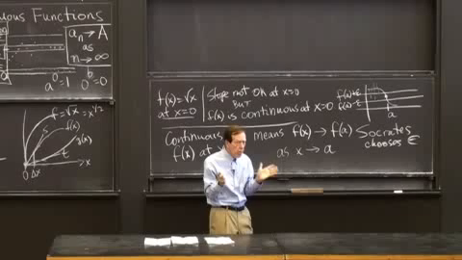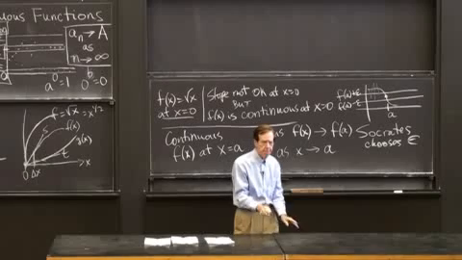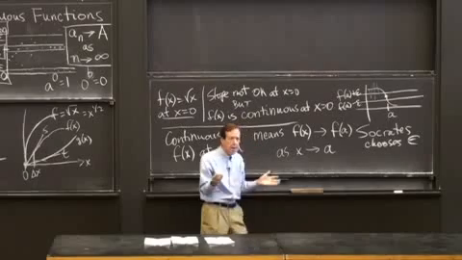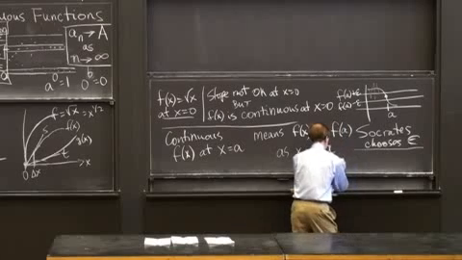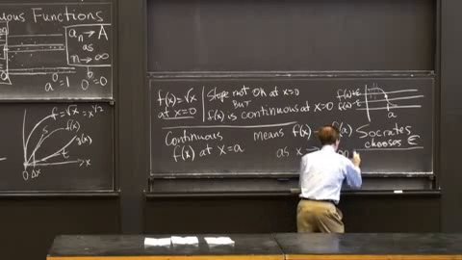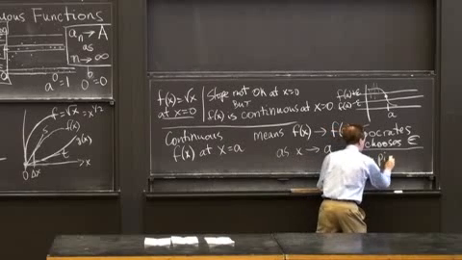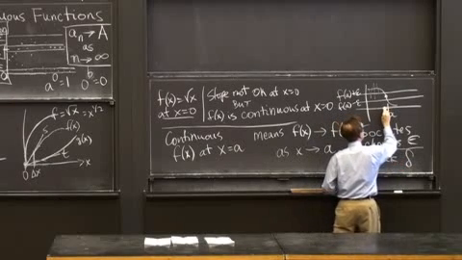So what do I mean by close to A? Well, that's where delta comes in. That's, let's say, Socrates' student, Plato. Then Plato can pick his number delta, which will be the width.